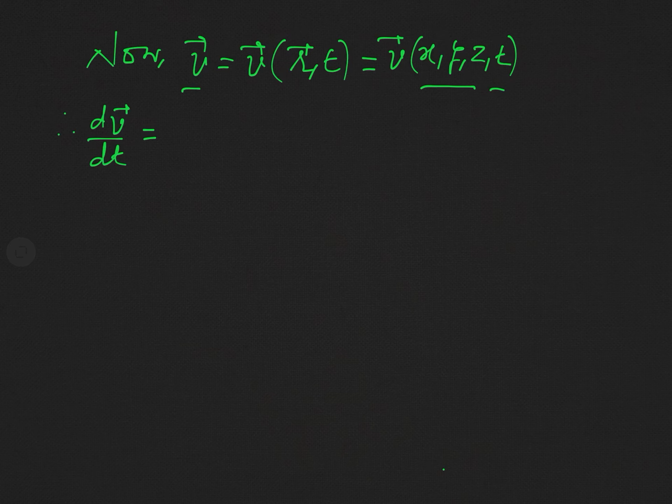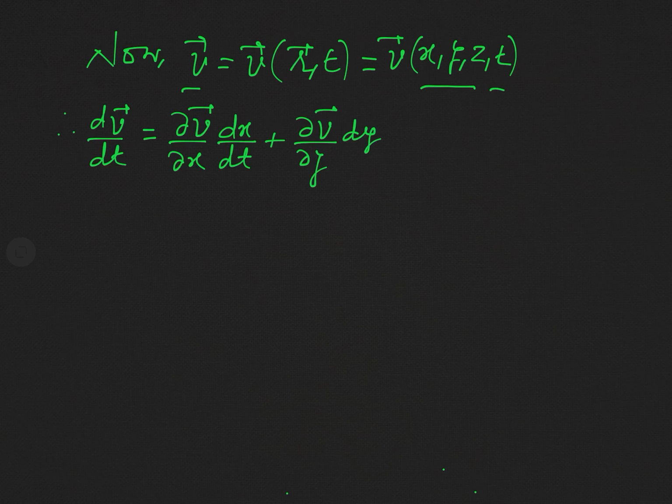First of all, we will differentiate v with respect to x, and that will be del v by del x, and then as we have to find dv by dt, so this will be dx by dt, plus now with respect to y, the second term will be del v by del y dy by dt, and with respect to z, the third term will be del v by del z dz by dt.